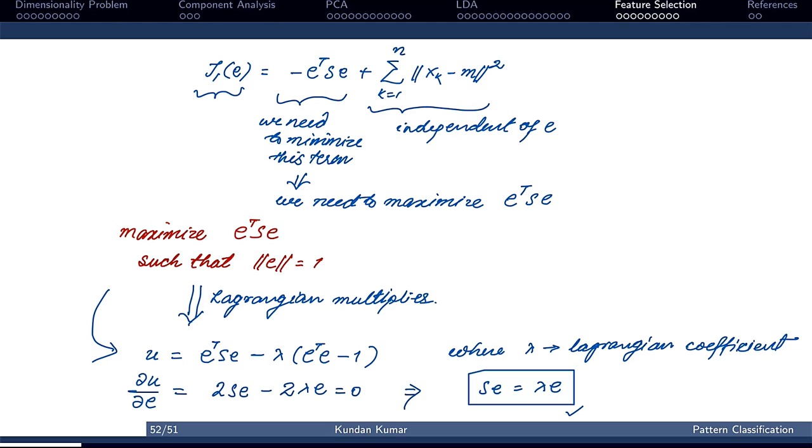From it we can conclude that S is the scatter matrix, E is the eigenvector and lambda is the corresponding eigenvalue of this scatter matrix. In particular, to maximize E transpose S E, we have to select the eigenvector E corresponding to the largest eigenvalue lambda of the scatter matrix. That is the inference from this solution.